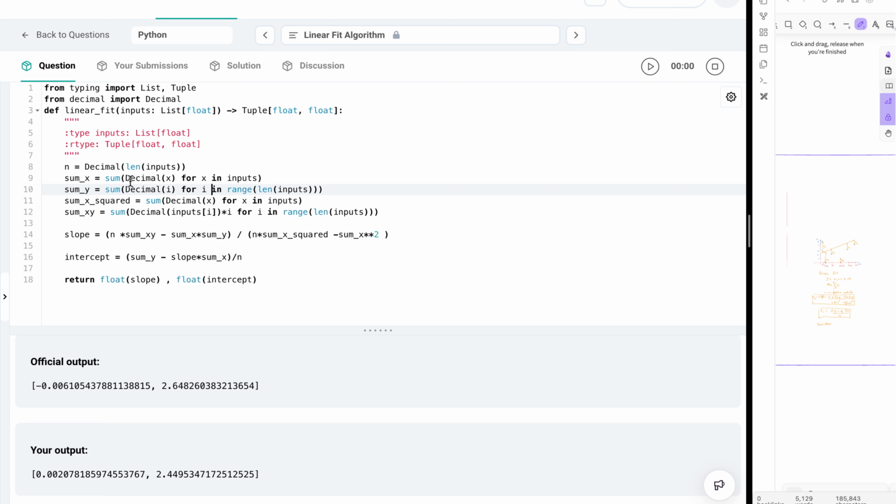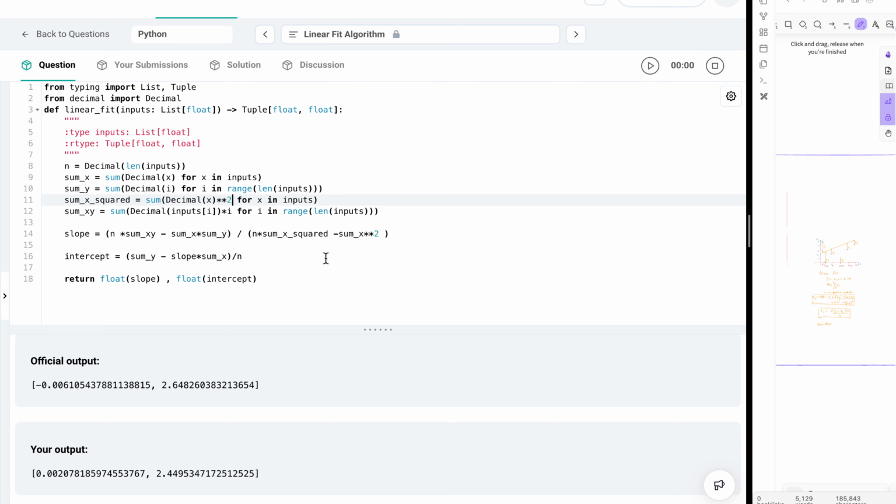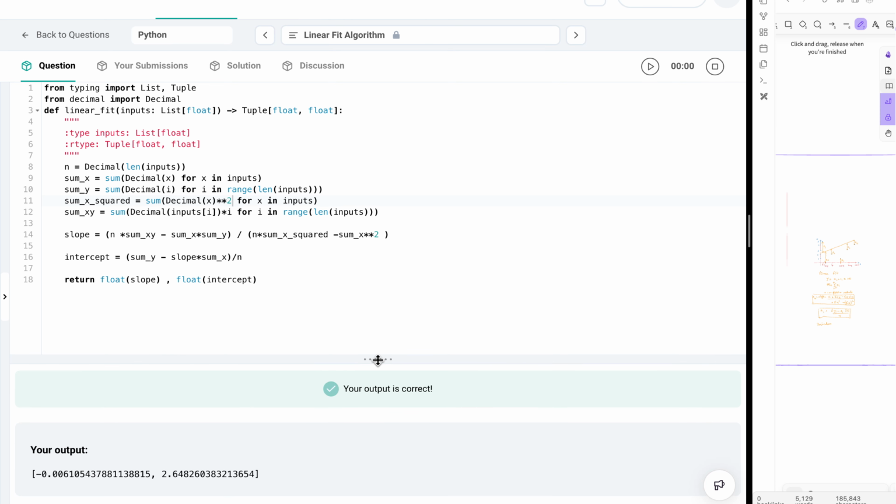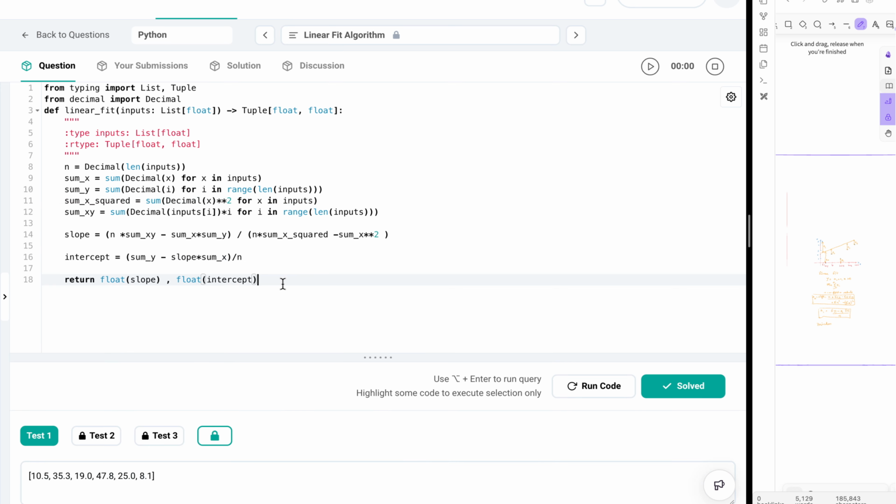So we have summation x. Okay, and the x is decimal values for x in inputs. The i is making the y values, and sum squared. We need to make this squared times 2, and the decimal values for summation of x, y. Now let's run again and see how it performs for these new values that I have had. Okay, so that has been accepted.